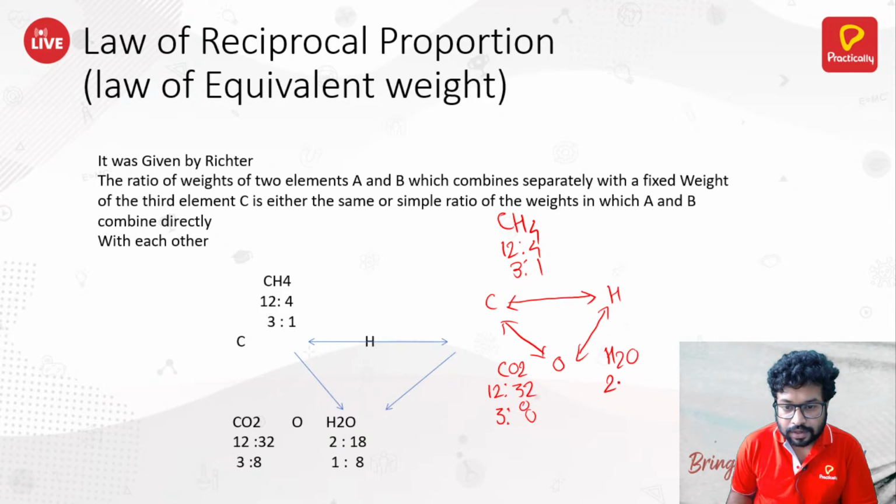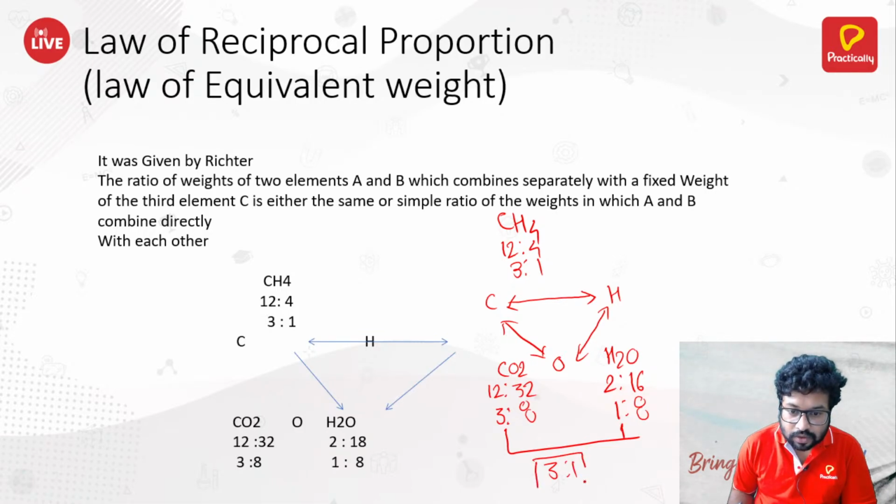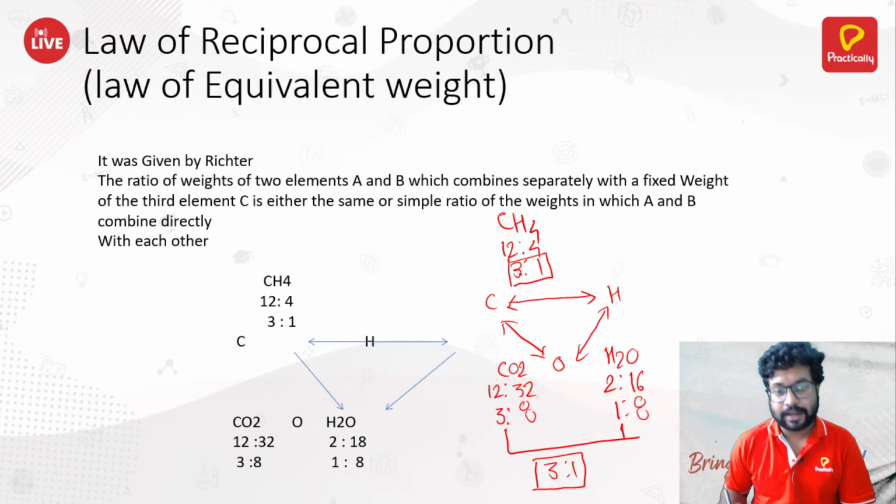In H2O you have the ratio 2:16, which is 1:8. So 3:8 and 1:8, the 8 is common. So what you got here is 3:1. This ratio of 3:1 is equal to the 3:1 ratio of carbon and hydrogen.